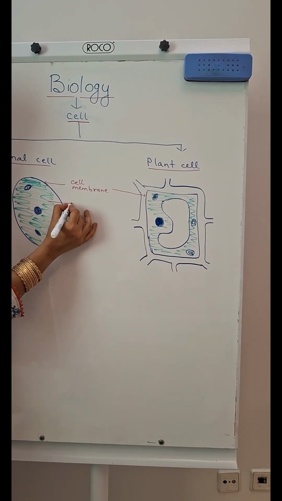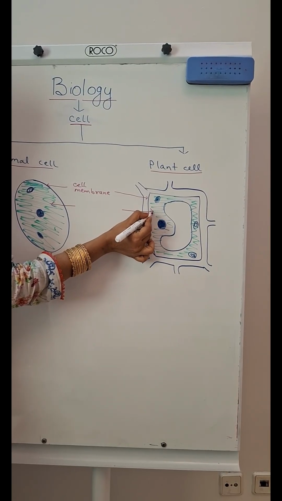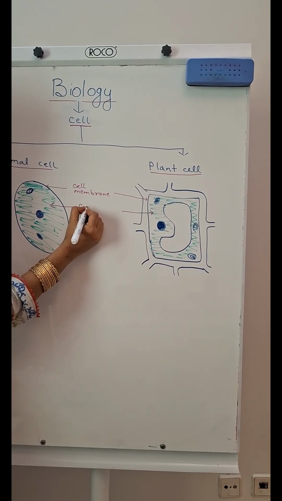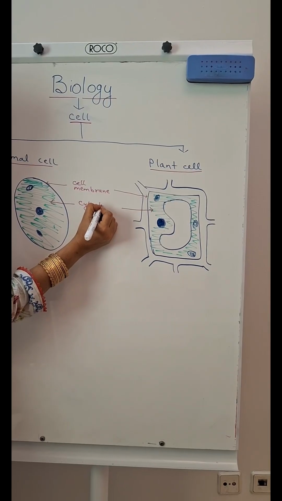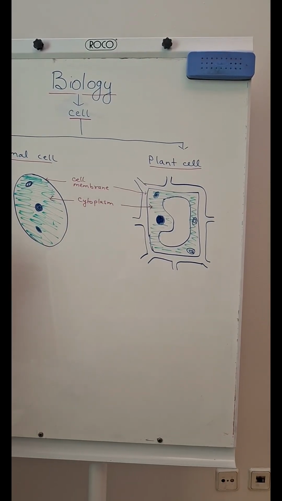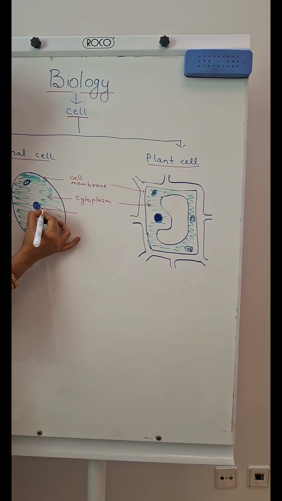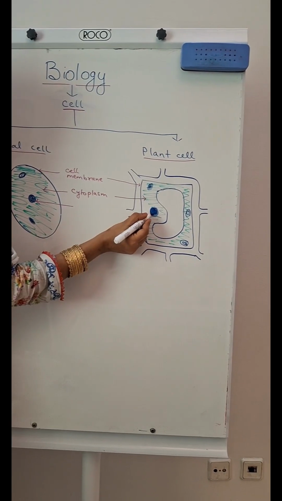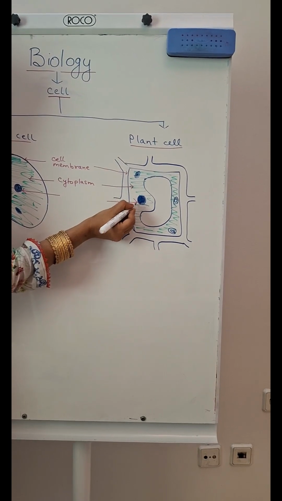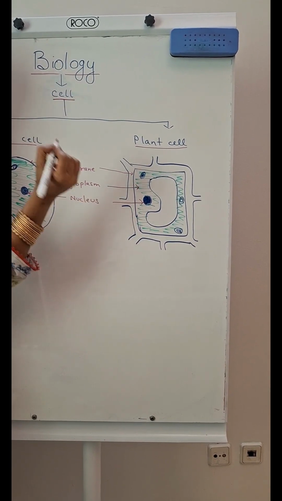Similarly, the cell inside is filled with a fluid that is called cytoplasm. This is also present in both plant and animal cells. Similarly, the center of the cell is occupied by the nucleus in both plant and animal cells.